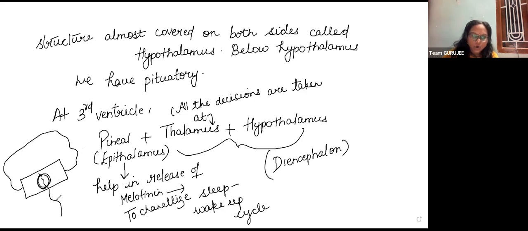All the informations which are coming or going will ultimately come and meet in the thalamus. From the thalamus only it is decided to which part of the cerebrum we have to send the information. Thalamus only decides that. So thalamus is a very, very important part.